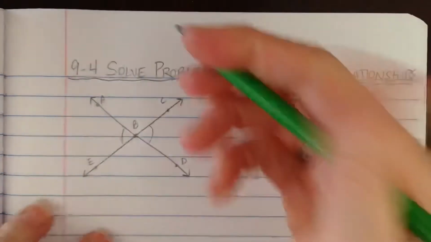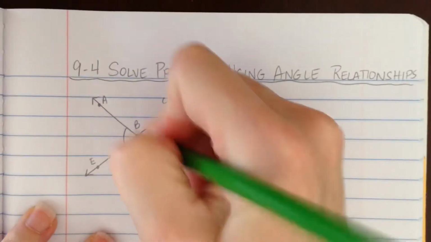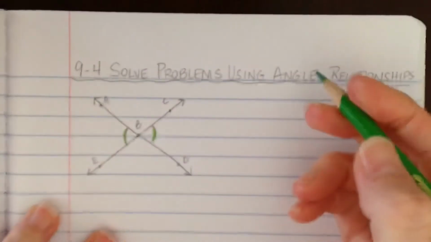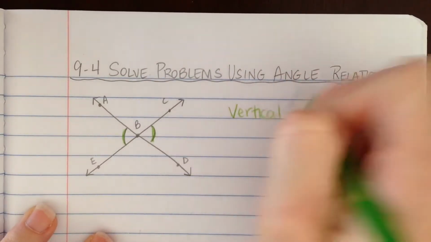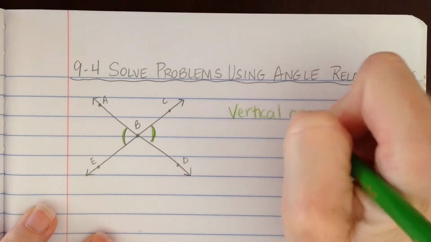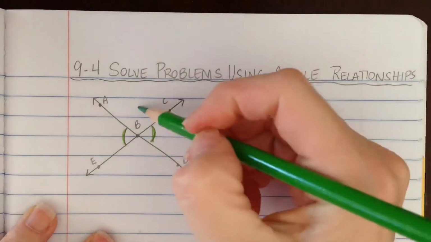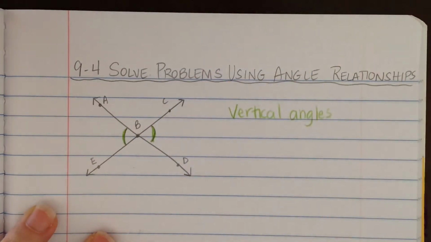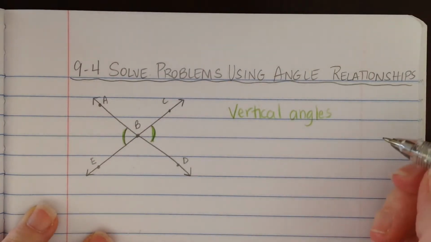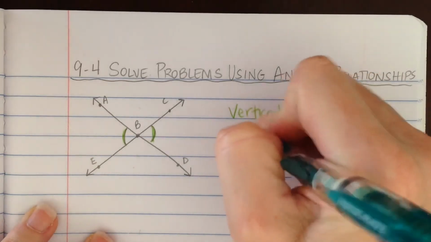This angle right here and this angle right here are going to be equal. These are vertical angles. This angle here and this angle here are also considered vertical angles. And vertical angles have equal measure.